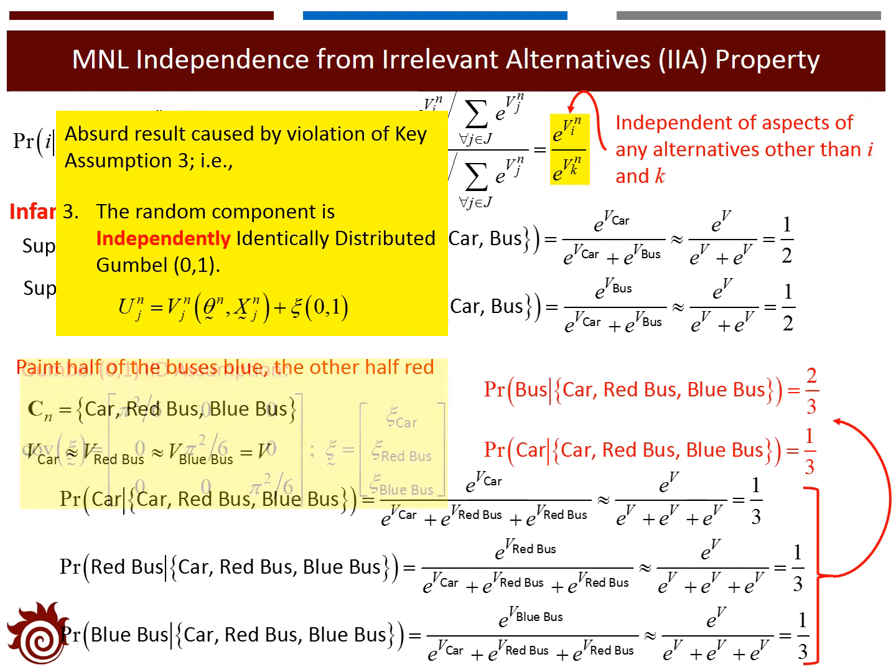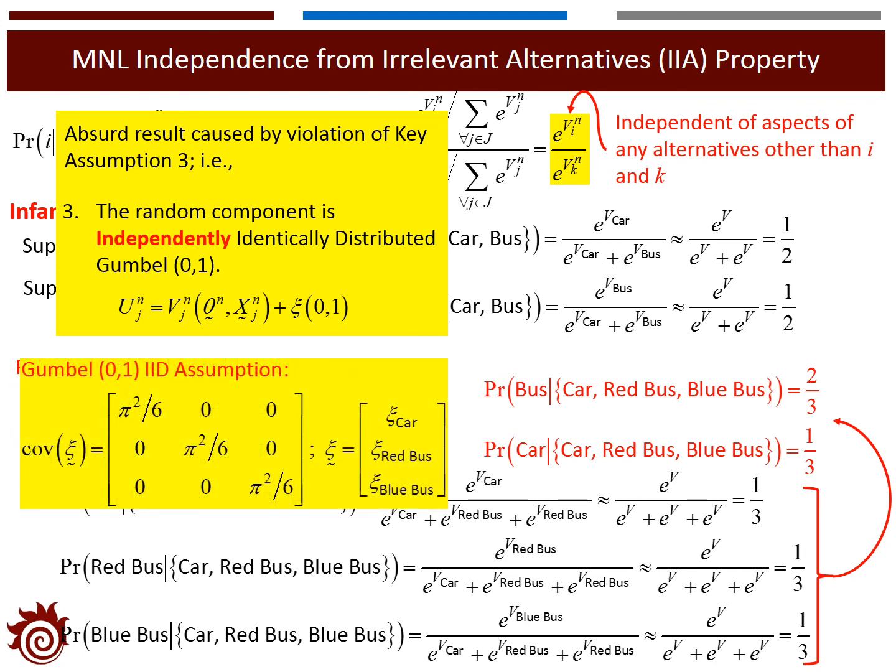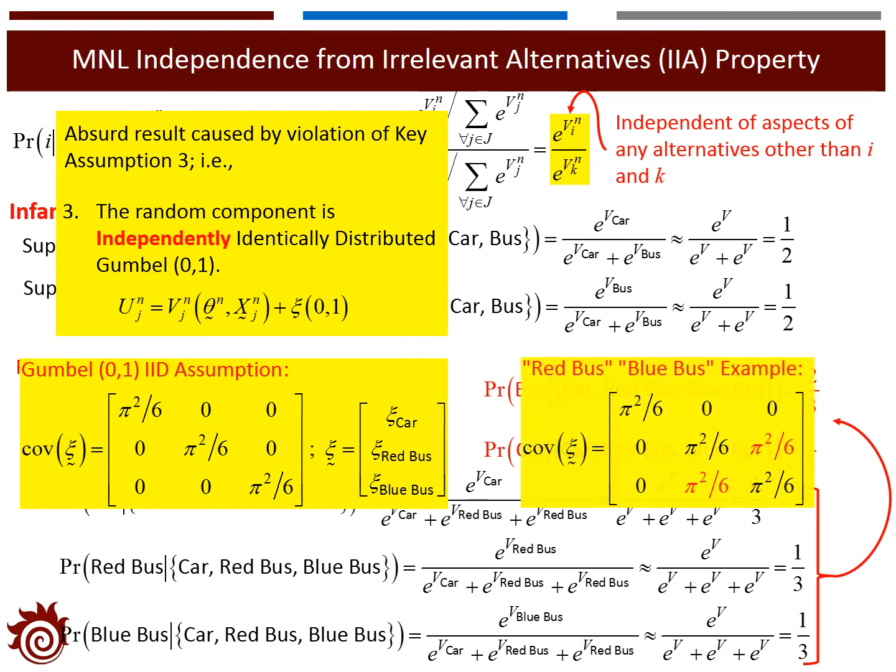In this case, we should assume that the random terms of the car, red bus, and blue bus are all independent of each other, so they will have the covariance of psi as this. But in reality, for the red bus and blue bus example, the red bus and blue bus are highly correlated with each other, so these two coefficients are different from each other.